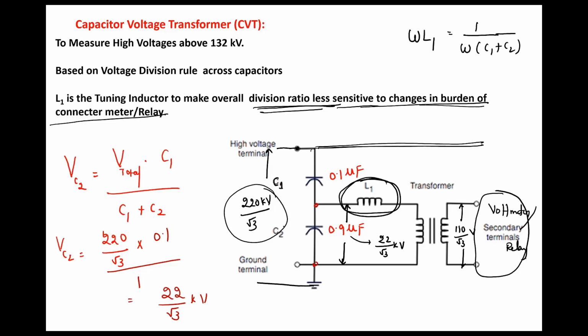This is the condition for resonance. We are making it resonant so that the impact of these capacitors and inductors cancel each other. There is no phase shifting effect and no other effects. That's why we connect this tuning inductor. Understand?